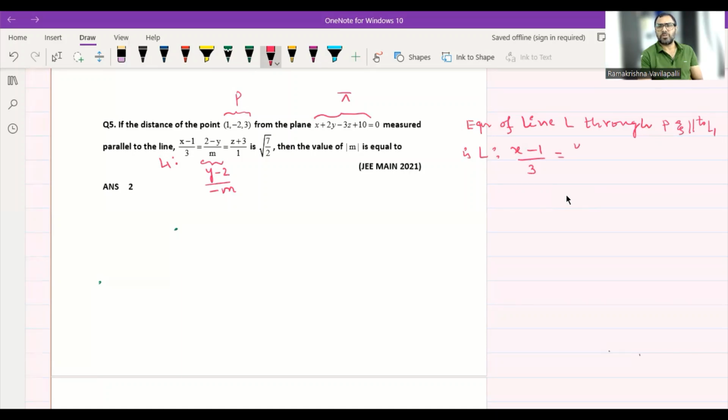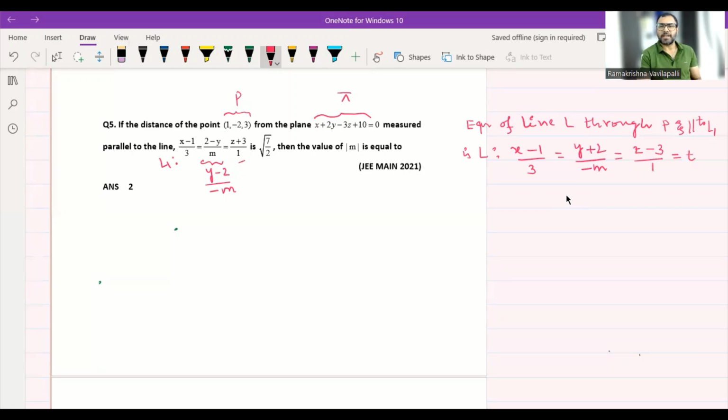This is equal to y plus 2 by minus m. And the third one is 1. z minus 3 by 1 equal to something.